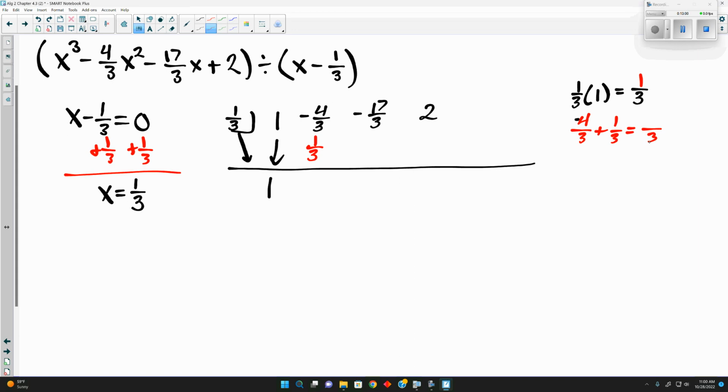So we can add the numerators. -4 plus 1 is -3. Now we can multiply. 1/3 times -1 is, well, -1/3.